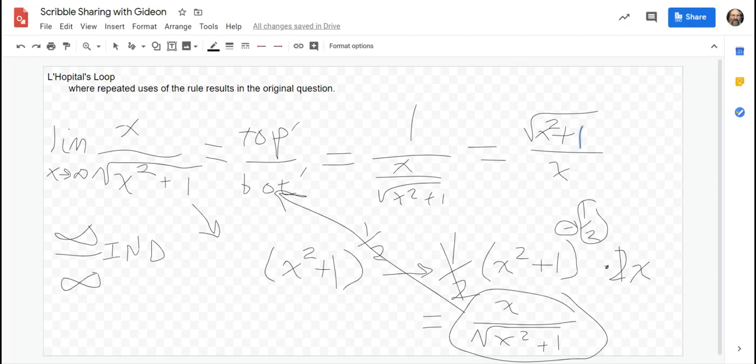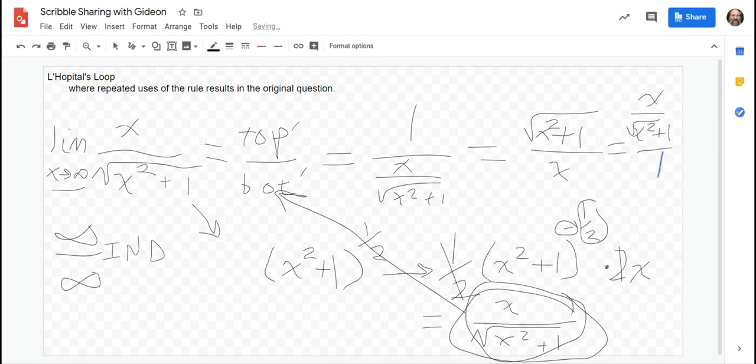Because, all right, that's the answer. I have to take the limit as x goes to infinity to make sure it's indeterminate. Yes, I get infinity over infinity. So yes, I can apply L'Hopital's rule. I need the derivative of the top, but we already determined the derivative of the top is x over the square root of x squared plus 1, and the bottom, just the derivative of x, is 1.